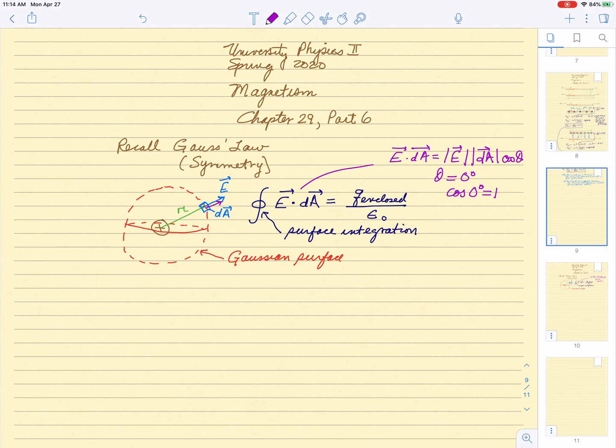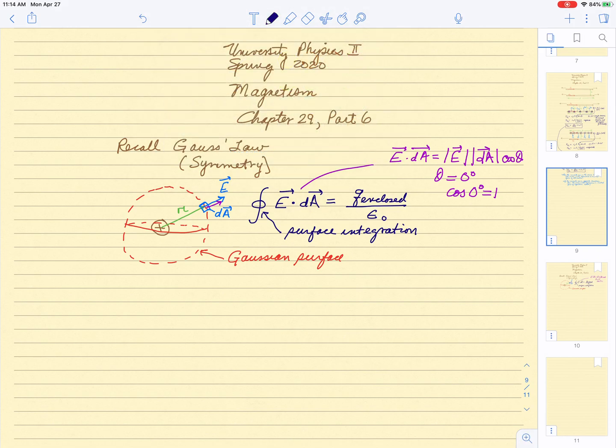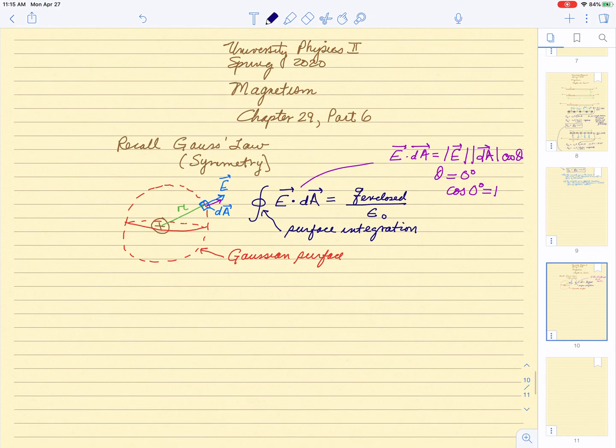So again, by choosing your geometry carefully, and if you have a symmetric charge distribution, then Gauss's law was actually quite beautiful, because the electric field is constant anywhere along that Gaussian surface in magnitude, and so the integral became E times the surface integral of dA equal to the charge enclosed over epsilon naught.